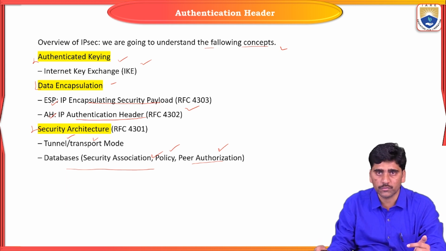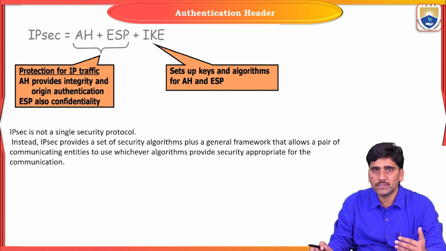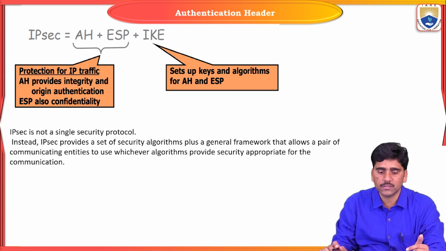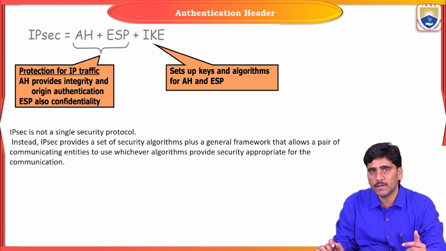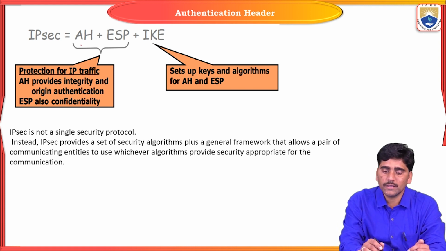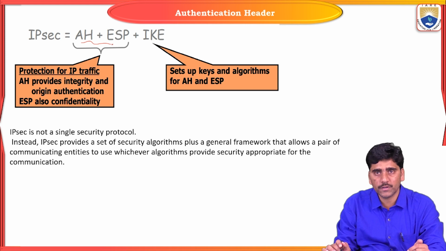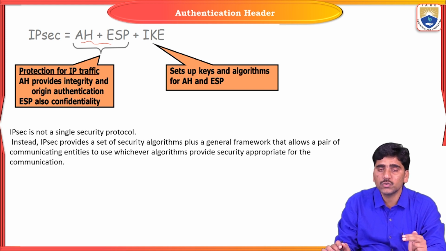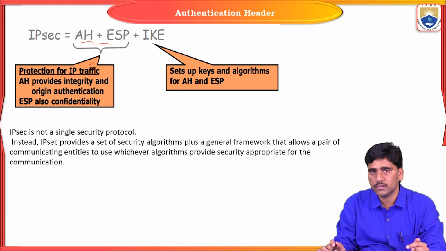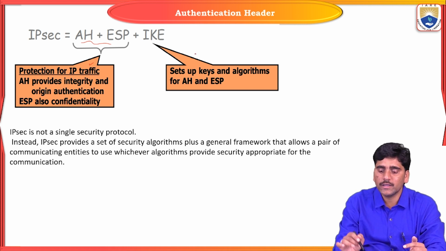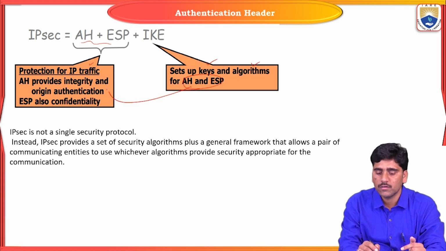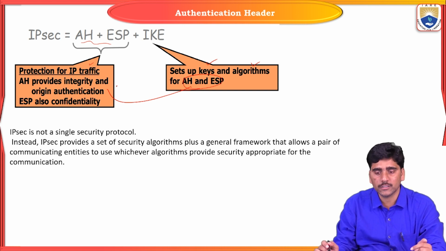As we said in the previous sessions, IPsec is authentication header plus encapsulating security payload plus IKE, Internet Key Exchange. Authentication header and encapsulating security payload are the two for protection of IP traffic, and IKE is for setting up keys and algorithms for both authentication header and ESP.